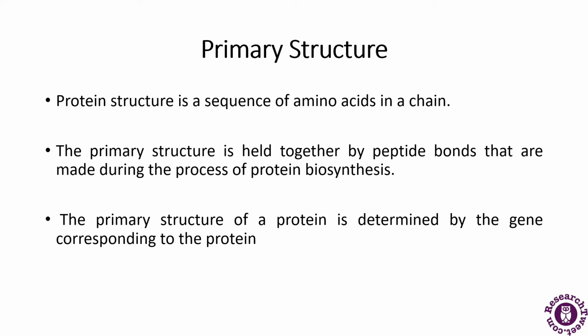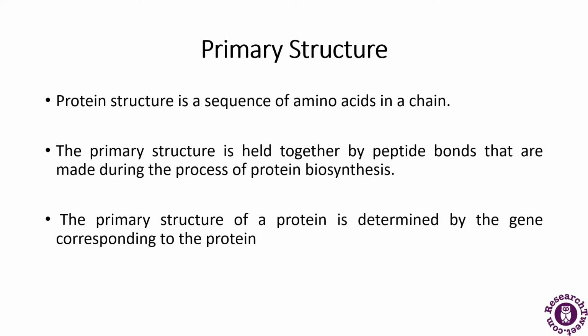The primary structure is held together by peptide bonds that are made during the process of protein biosynthesis. It is determined by the gene corresponding to the protein. So this is what the primary structure of the protein is.